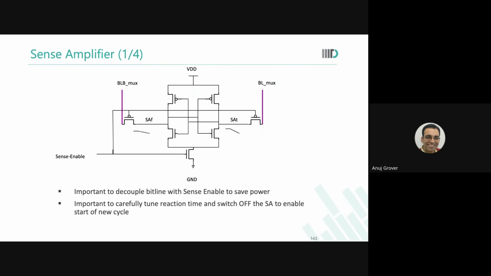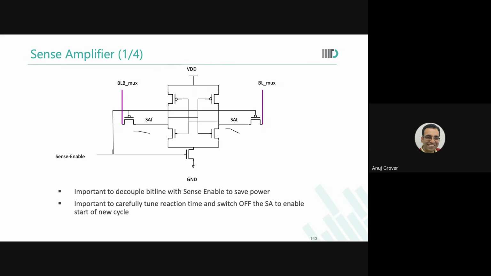But because there was some initial differential between SAT and SAF, we now see that SAF is discharging. It was already at a higher level, and now it is also discharging slower only. SAT is, on the other hand, discharging very fast. Because SAF is discharging lesser, the rate of discharge of SAT remains very high.